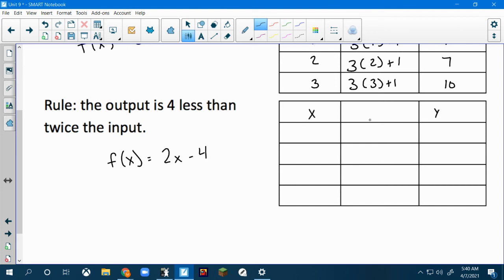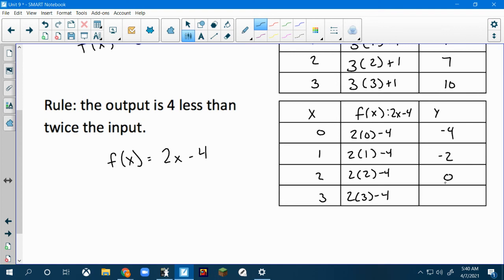X, y, f of x is 2x minus 4. 0, 1, 2, 3. 2 times 0 minus 4, 2 times 1 minus 4, 2 times 2 minus 4, 2 times 3 minus 4. Negative 4, negative 2, 0, and 2. And that's it.